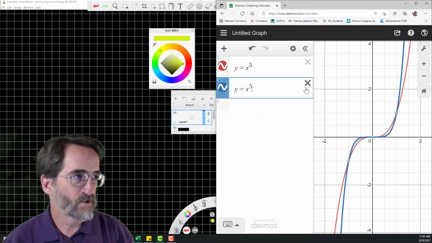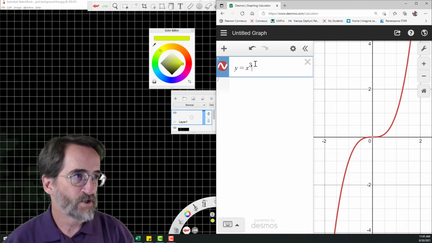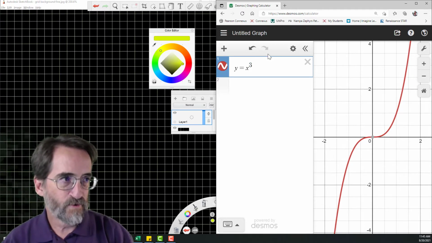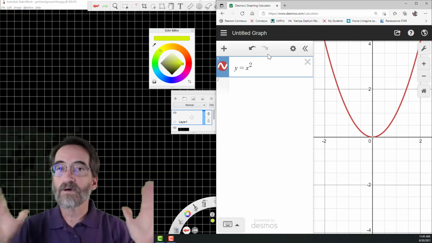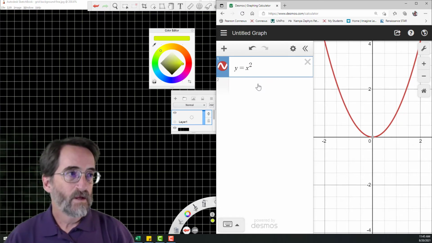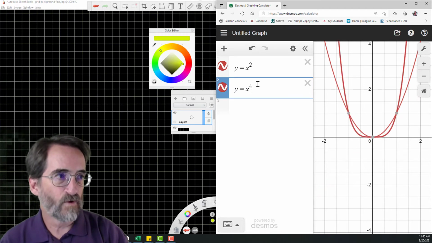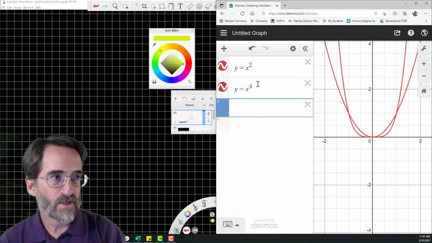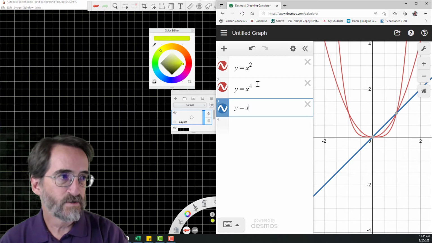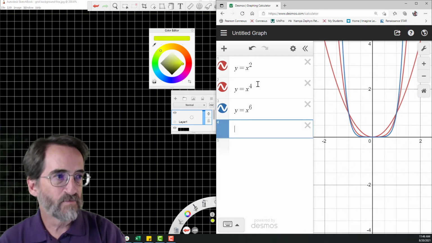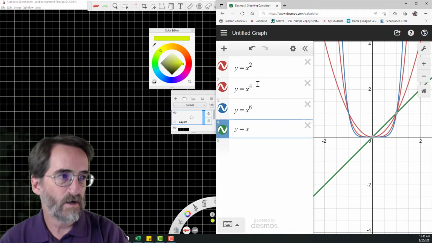Just to explore this concept a little bit further, if I change that 3 to a 2 instead, now both arms point up. This is known as an even function. Y equals x to the 4th, y equals x to the 6th, x to the 8th, and so on. It's doing the same thing, but both arms are pointing up.